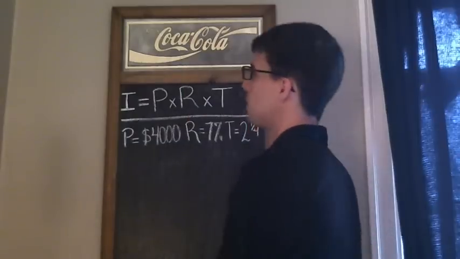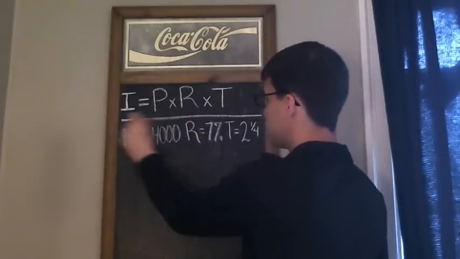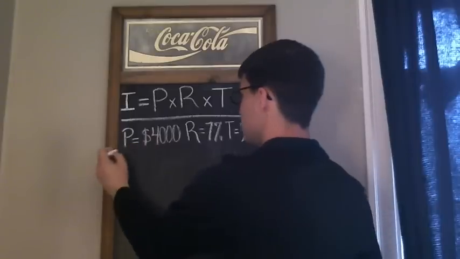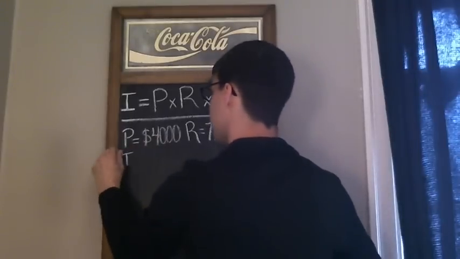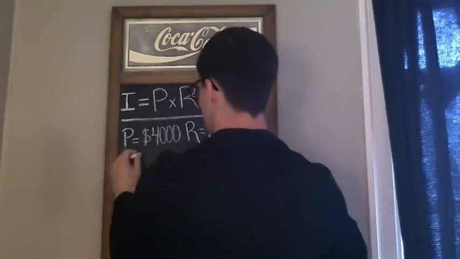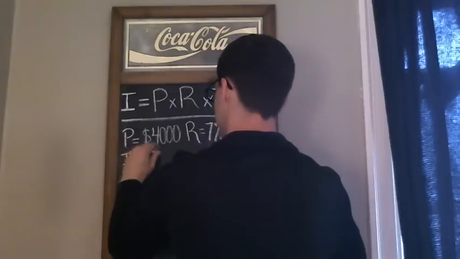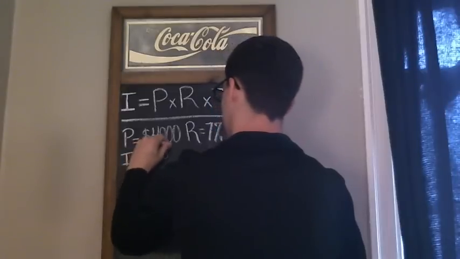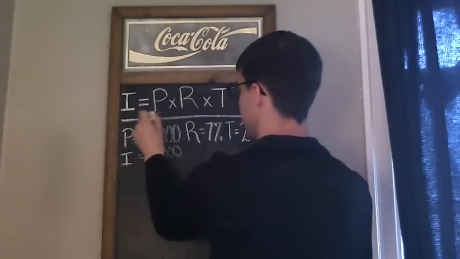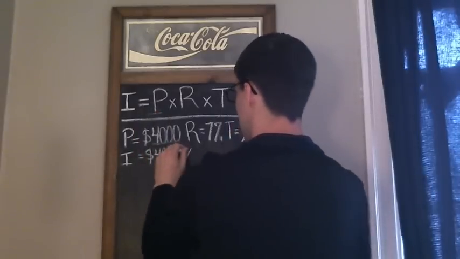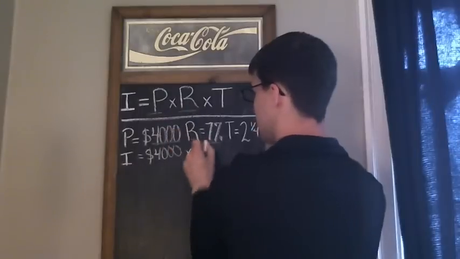So now the next step is that we will just plug this into our formula here, and we've got interest, I, equals $4,000, which is your principal here, times your rate, which is 7%.